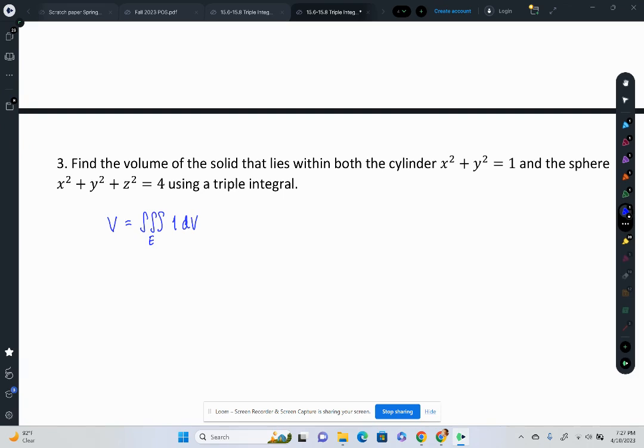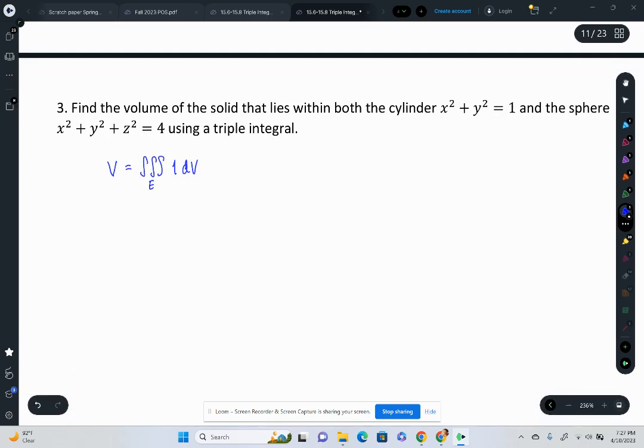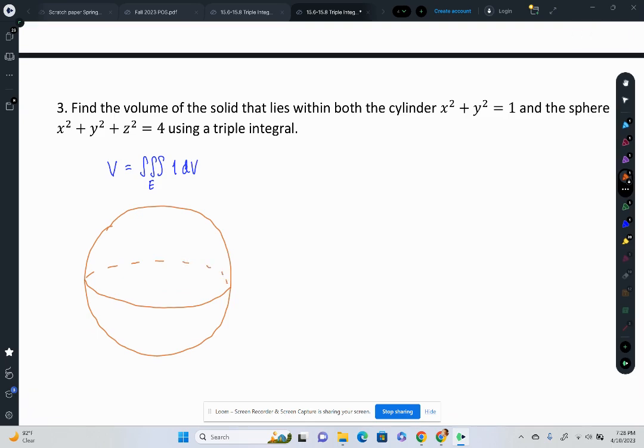But we do have to deal with the bounds for our integrals. So we need to draw this. We have the solid that lies within both the cylinder and the sphere. Okay, let's see what that looks like. I'm going to draw a big ball for a sphere. Here's my sphere. Give it a belt so it looks three-dimensional. Okay, there we go. This is my sphere with a radius of 2.